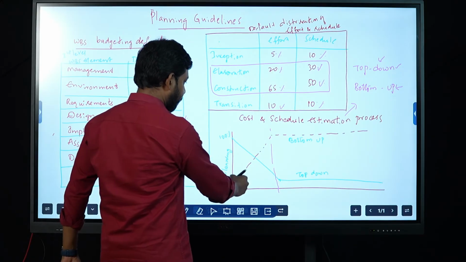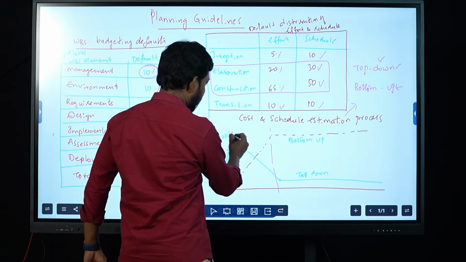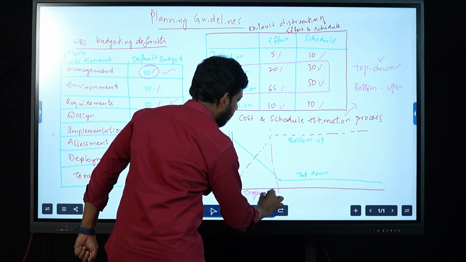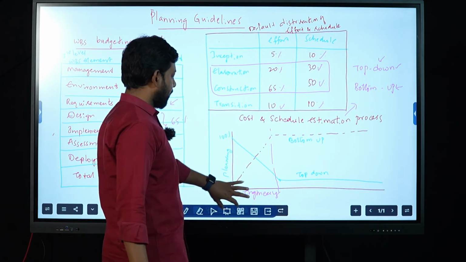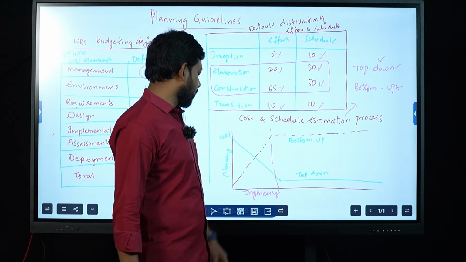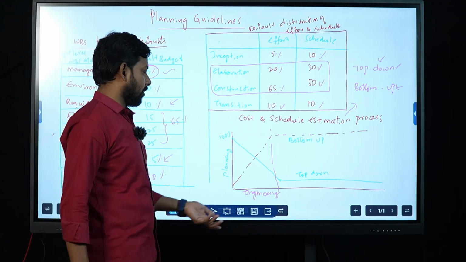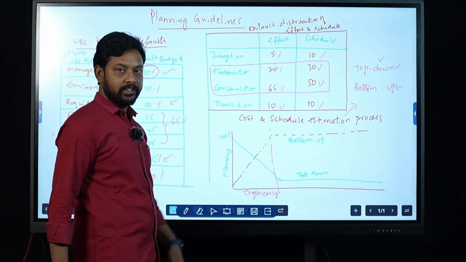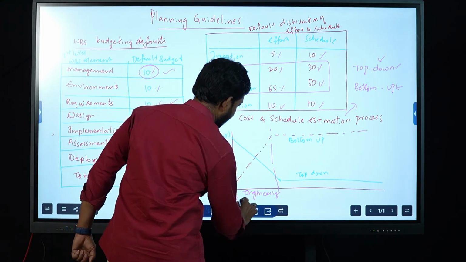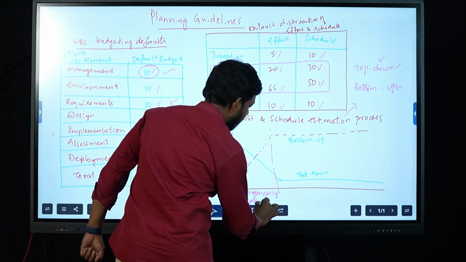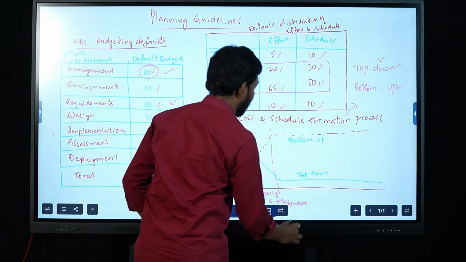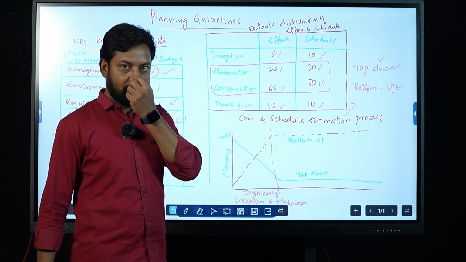At your engineering stage, your top-down approach is going to dominate the rest of the phases. So we know that your engineering phase is going to focus majorly on your inception and elaboration. At these particular phases, your top-down approach will focus more.